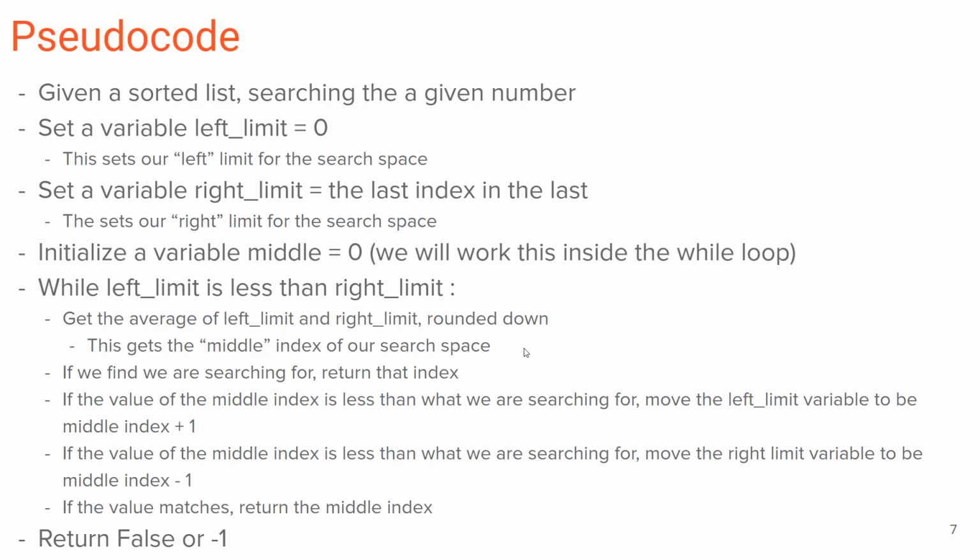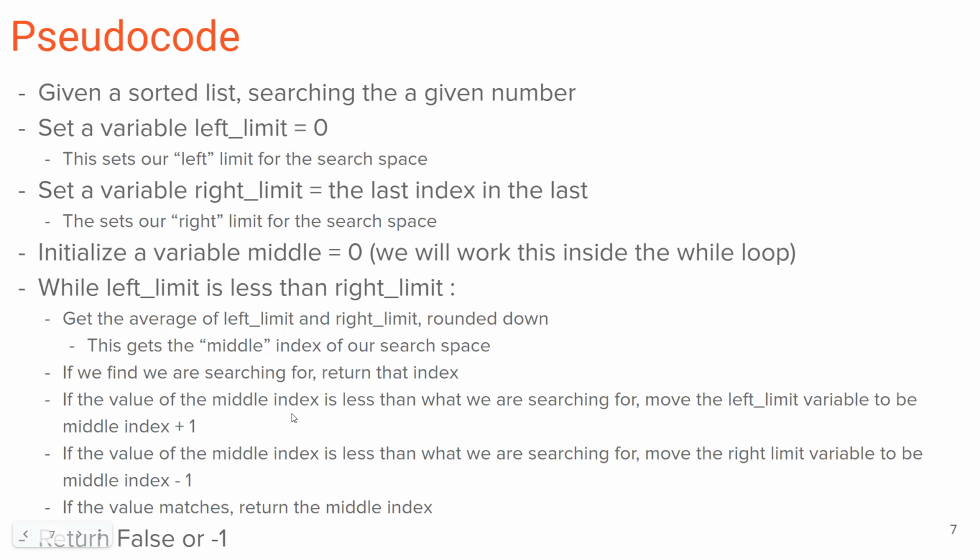Once we have the middle index, that's key, now we can ask, is whatever is at that middle index what we're searching for? If it is, perfect, we found it, return that index. If it's not, you need to do a comparison, basically saying, is it less than or greater than?